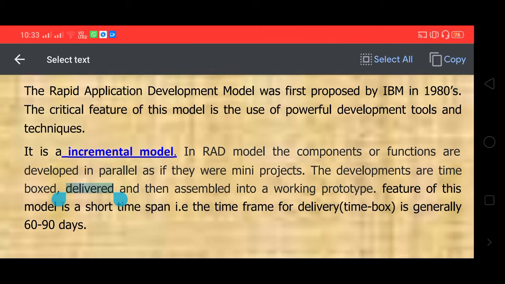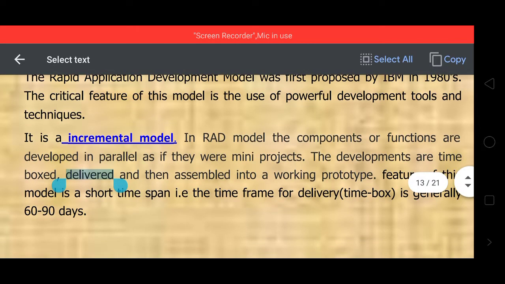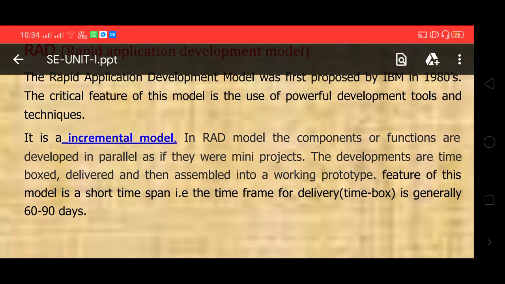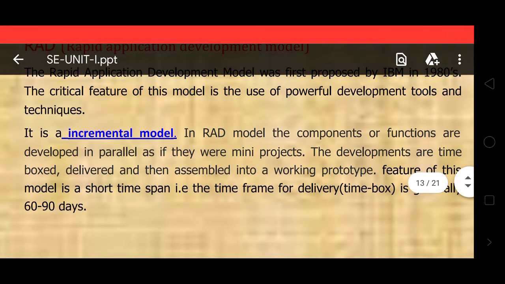It is an incremental model. In the RAD model, the components or functions are developed in parallel as if they were mini projects.